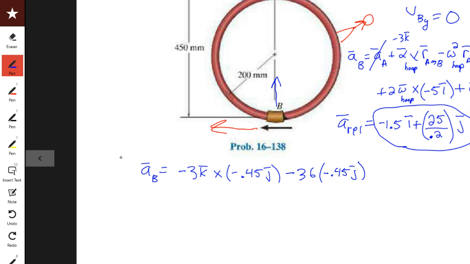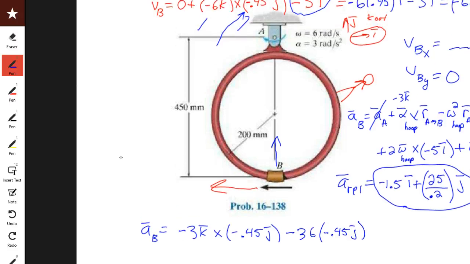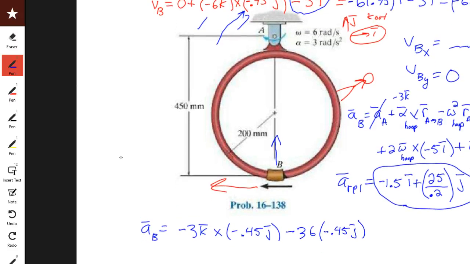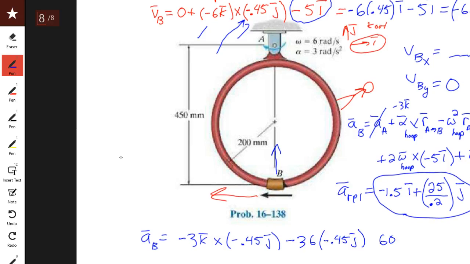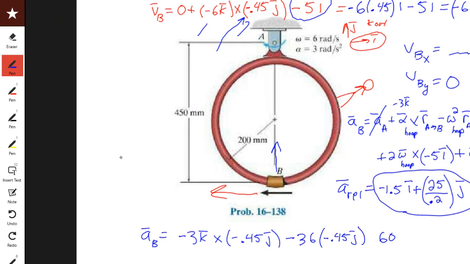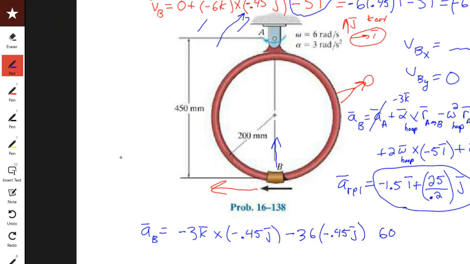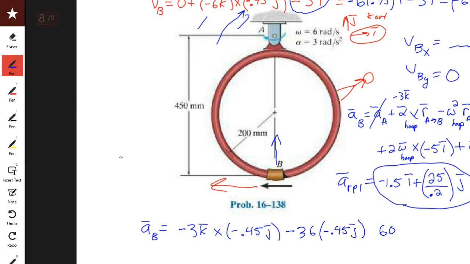Then I'm going to take out the 2, the omega of the hoop, and the 5. So 2 times 6 is 12, times 5 is 60. The omega of the hoop is minus, so minus is plus, and k cross i is positive j, so this would be plus 60 j.